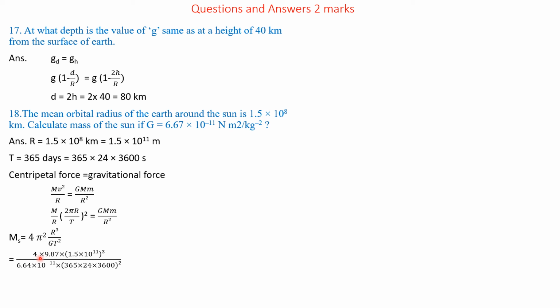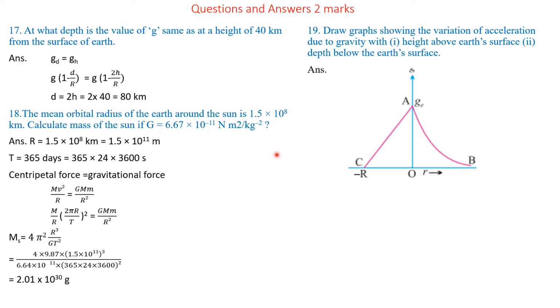Substituting the values, 4 into 9.87 into (1.5 into 10 to the power of 11) whole cube divided by 6.67 into 10 to the power of minus 11 into (365 into 24 into 3600) whole square. Simplifying, we get 2.01 into 10 to the power of 30 kg.